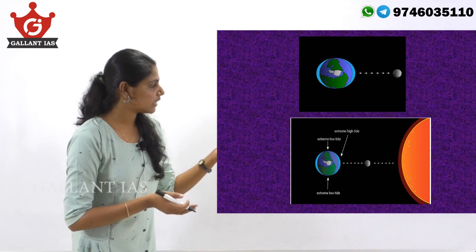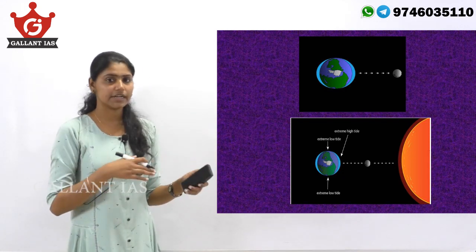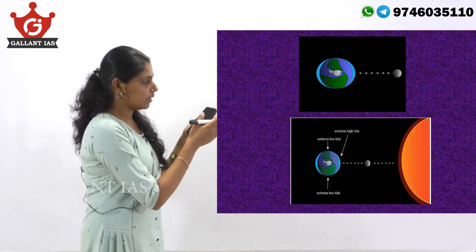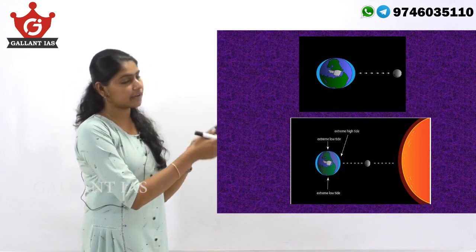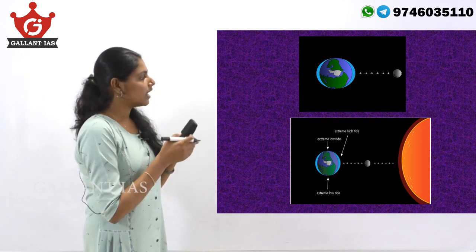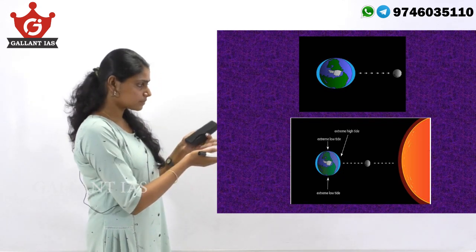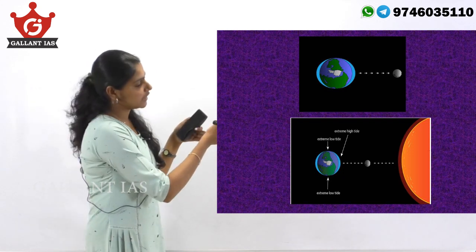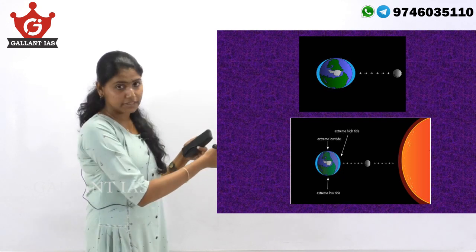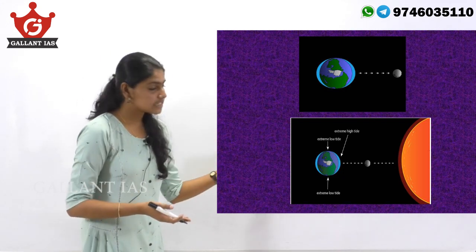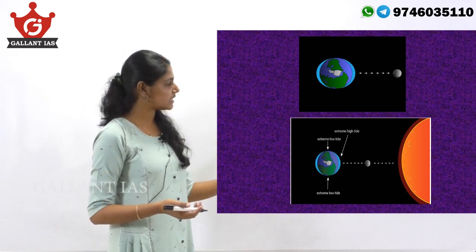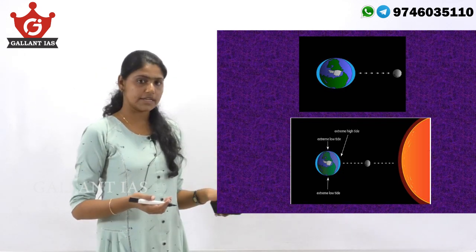In the second figure, you can see the earth, moon and sun are in the same straight line. So here the gravitational pull of the moon and the gravitational pull of the sun reinforce each other, and extreme high tides are formed on the sides of the earth facing the sun and the moon, and on the other side due to the centrifugal force, and on the other two opposite sides extreme low tides are formed.